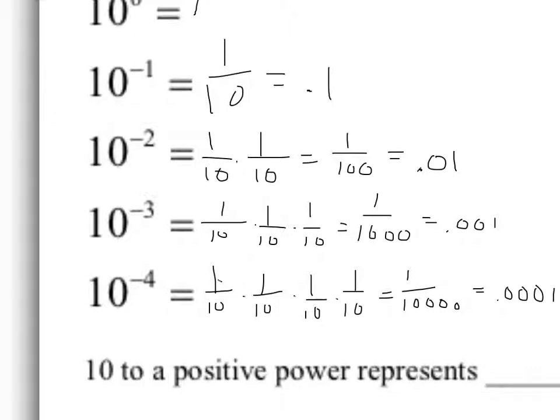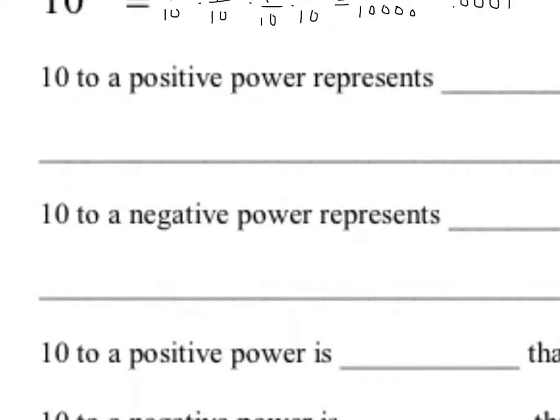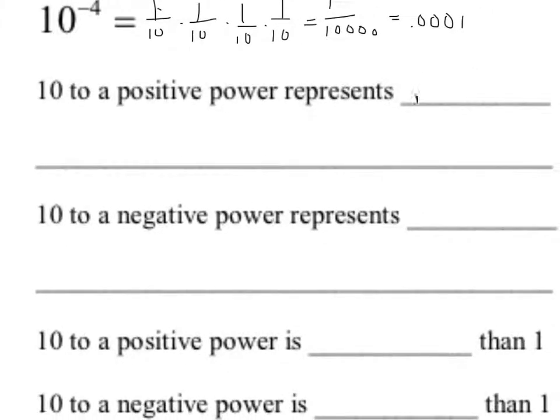All right. So when we come down to this, 10 to a positive power represents a repeated multiplication of 10. So when we have 10 to a positive power, it's just repeatedly multiplying 10.